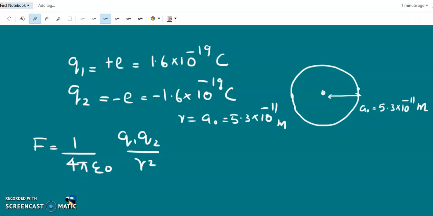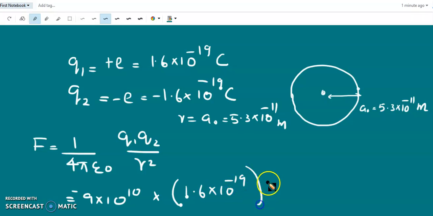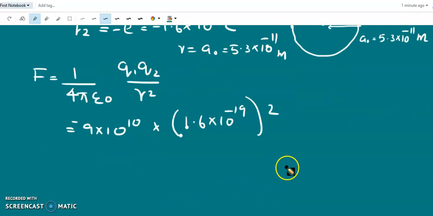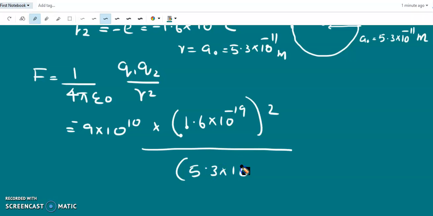So 1 by 4 pi epsilon 0 is 9 into 10 to the power 9, into 1.6 into 10 to the power minus 19 whole square, divided by 5.3 into 10 to the power minus 11 whole square. The force is negative since Q1 Q2 is negative, so that means the force is attractive in nature.